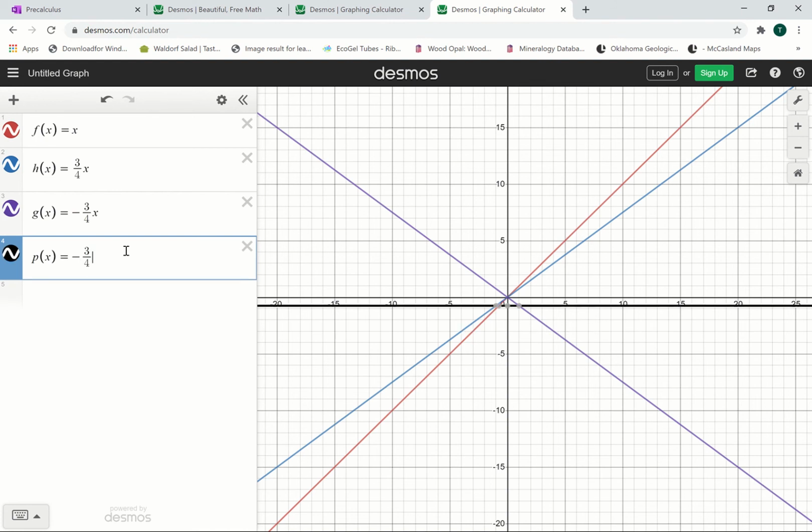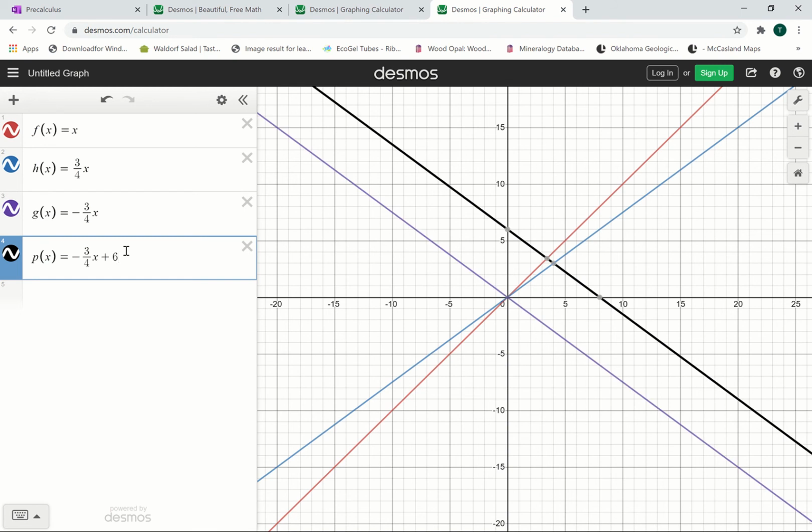And remember, because it's on the outside, it's going to go up. And this black graph represents our final function after we've gone through all of these different transformations. Okay. And that's how you would graph something using transformations.